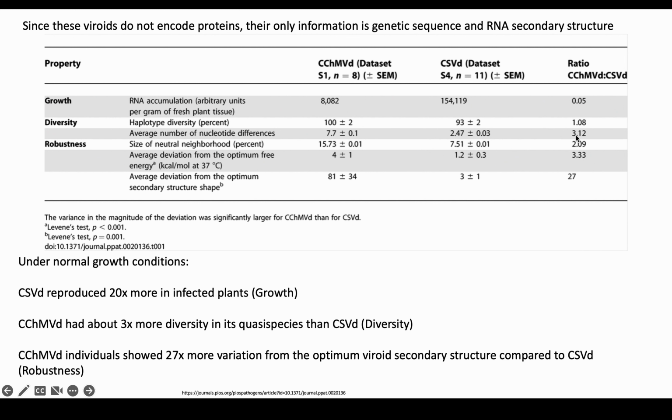So it's about 3 times as high. So there are 3 more mutations per genome in chlorotic mottle compared to stunt, which is CSVd. And so that's interesting. So we've got a broader quasi-species, but it doesn't grow as well. That's our kind of low, sort of flat fitness landscape.